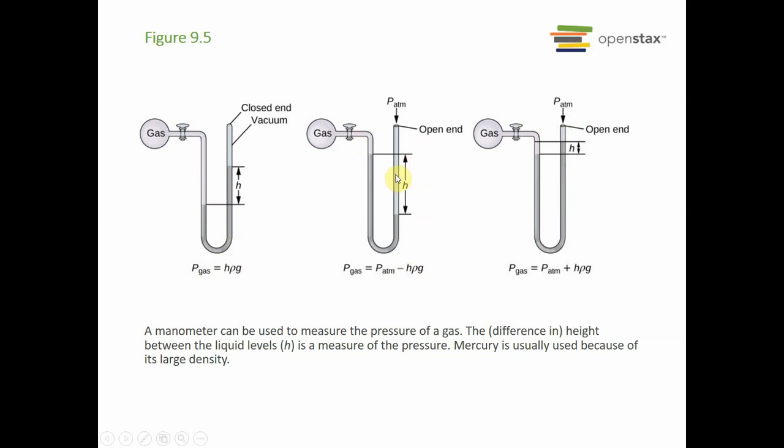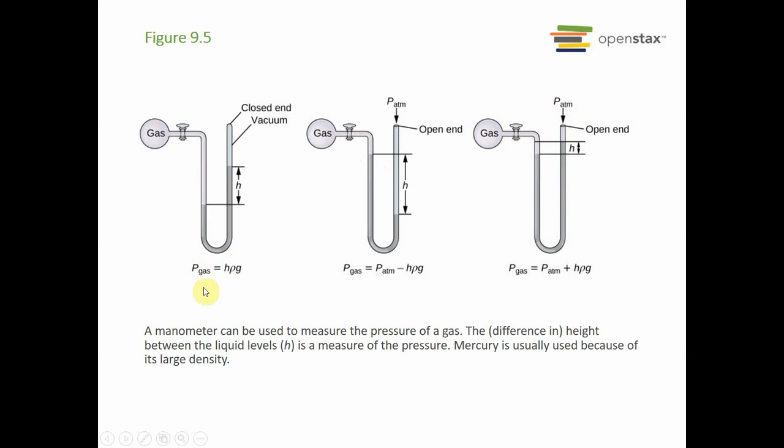But in this case, this pressure is less than atmospheric pressure because this column of water is pulling on that gas. In this case, this column of water is pushing down here and pushing on this, and so this is a higher pressure than the atmosphere out here. I see what they're saying here.